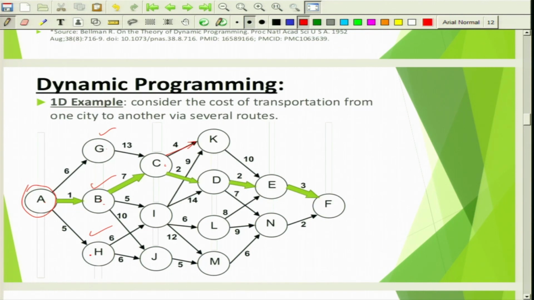Or you can choose another path moving from A to H, H to J, J to B, then B to C, and then C to G. There are so many ways possible, but which is the most economical one? If I am interested in reaching point G starting from point A, it is 6. That is the least possible path, the most economical path.